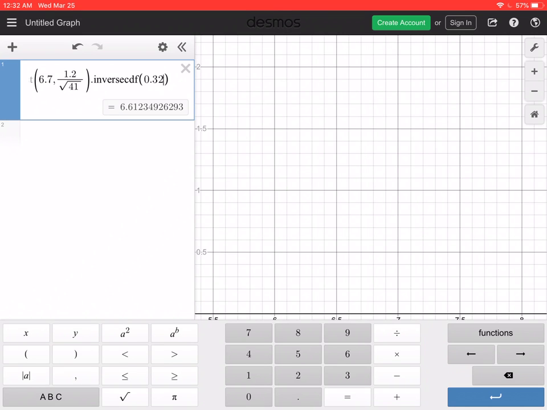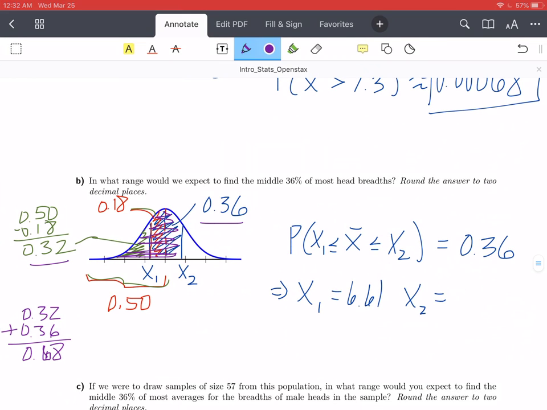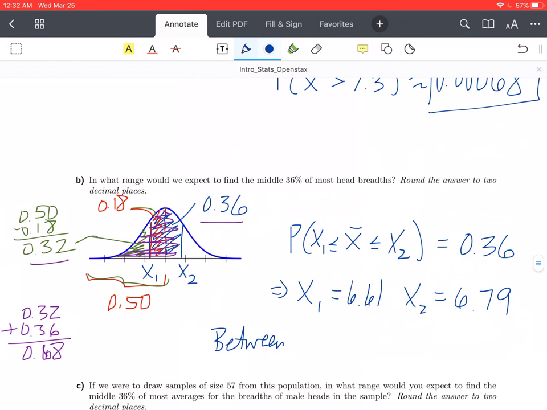If we run the same calculation, but with 0.68, we get 6.79, rounded to 2 decimal places. So the middle 36% of most male head breadths would be between 6.61 inches and 6.79 inches.